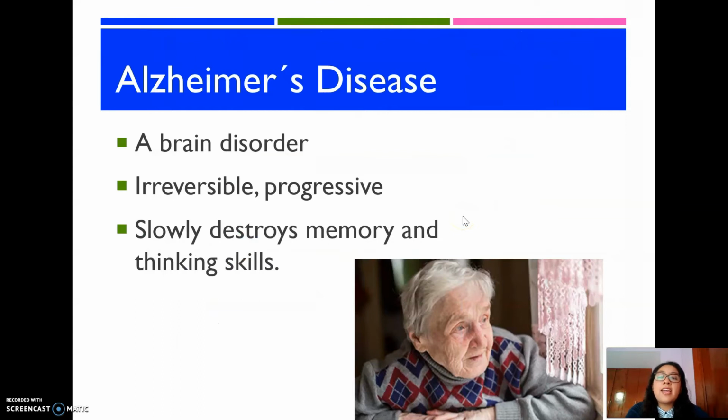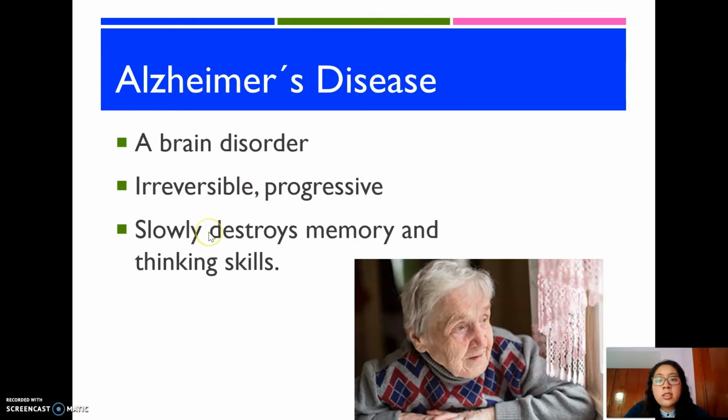Now let's talk about Alzheimer's disease. Alzheimer's disease is a brain disorder. It is irreversible until nowadays, and it's progressive. What does that mean? Many of the pathologies of the brain have this problem. It's progressive. We know we have a type of pathology when this is really advanced.